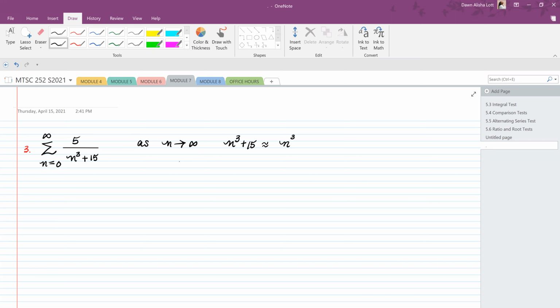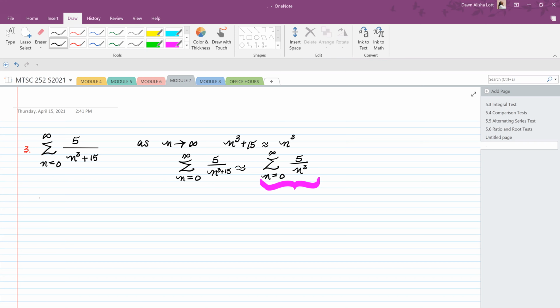So this series starts to look like 5 over n cubed. Now that I know what it starts to look like, I can compare the two series.